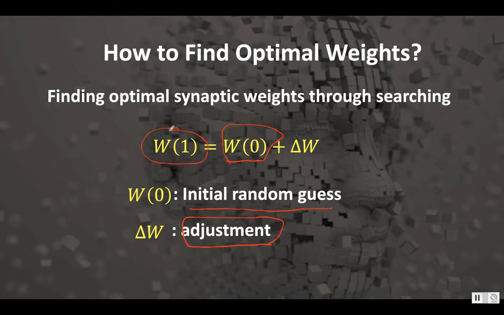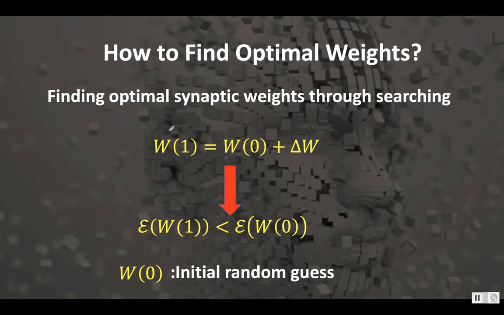After we update the weight, this is our goal: we want the cost function at the updated weight to be less than at the initial guess, which means after the update, the weight provides a better result and makes the cost function decrease.